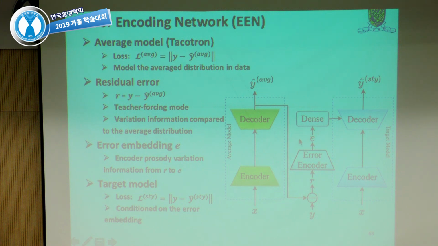Then based on this hidden embedding, the output target style speech is generated, and this output style speech is expected to be similar to the exemplary speech that is provided.